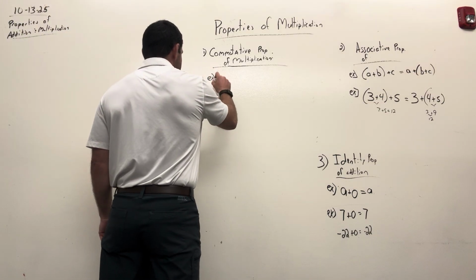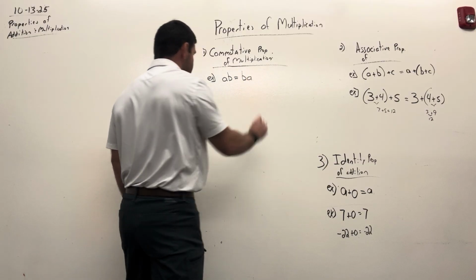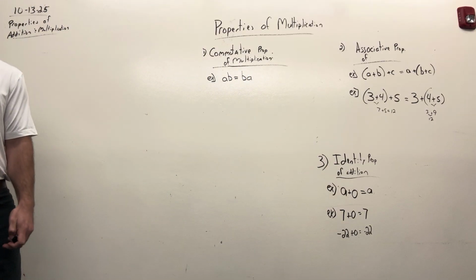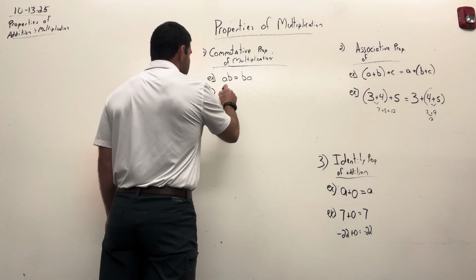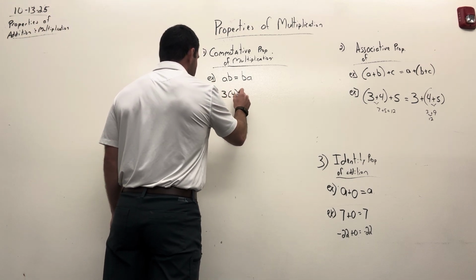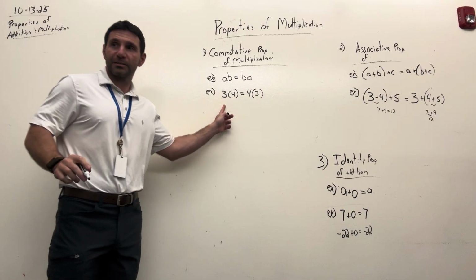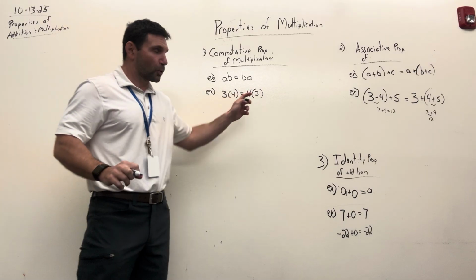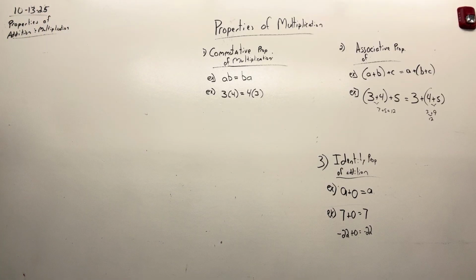So this says A times B is the same as B times A. So let's make sure. 3 times 4, is that the same as 4 times 3? Well, 3 times 4 is 12. 4 times 3 is 12. Those are exactly the same.